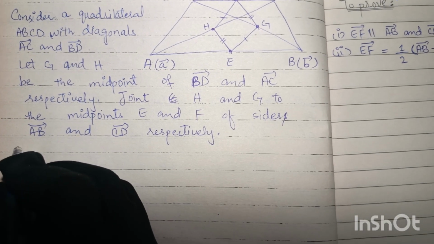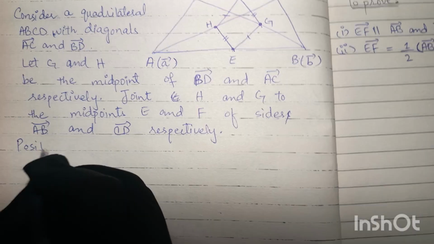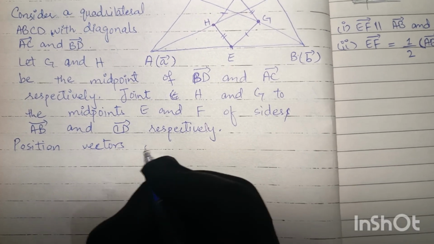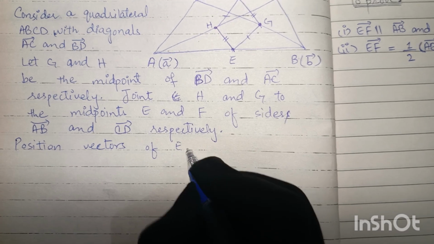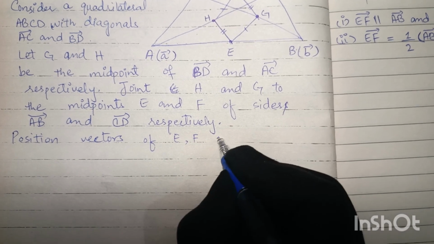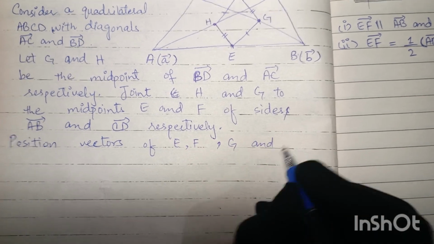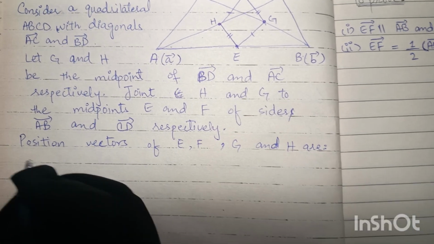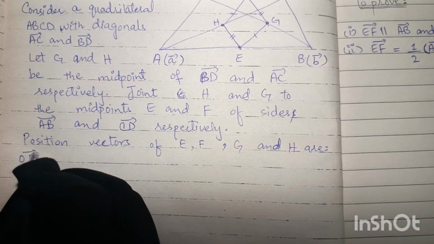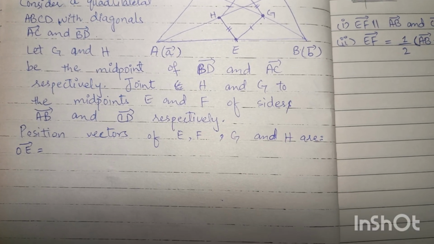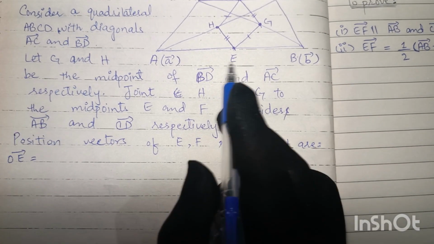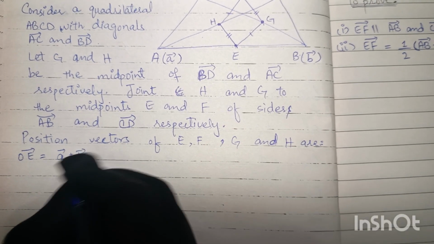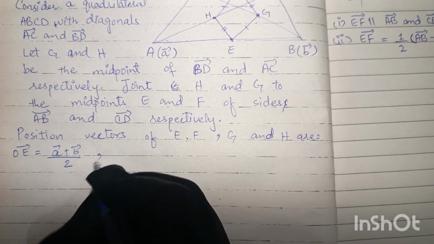First of all, we will write down the position vectors of all these points. Position vectors of E, F, G and H are: OE is, since E is the midpoint of this side, so its position vector is the midpoint of A and B, that is A plus B divided by 2.